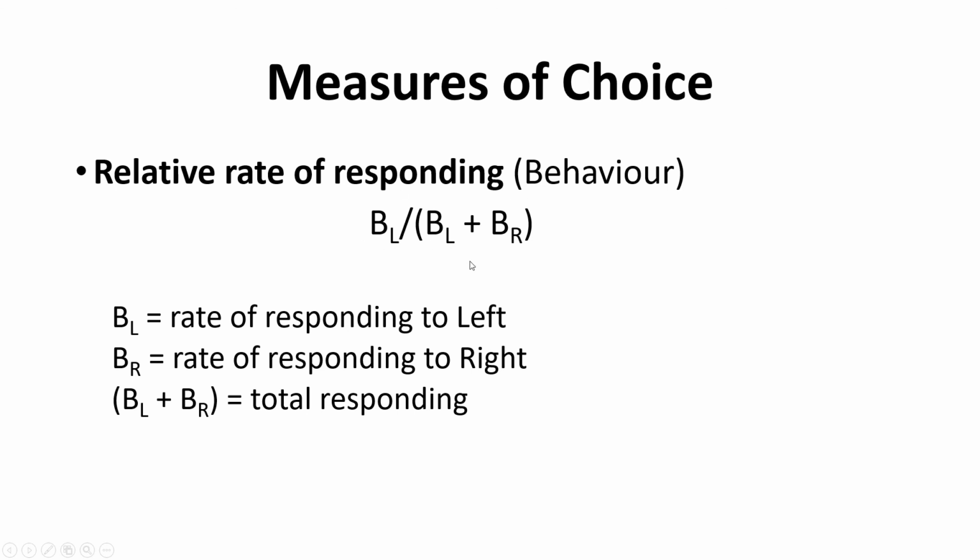This way we can see how much responding to one versus how much responding overall that we're seeing. And you can set this up to look at the rate of responding relative to the left or the right. It doesn't really matter, especially where it's a dichotomous choice, so you can calculate the opposite fairly easily if you had to. But that's our relative rate of responding. You might also see this talked about as relative rate of behavior.